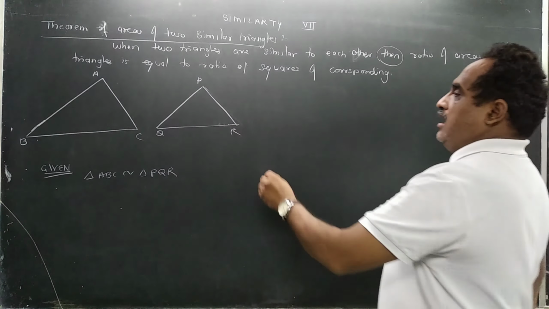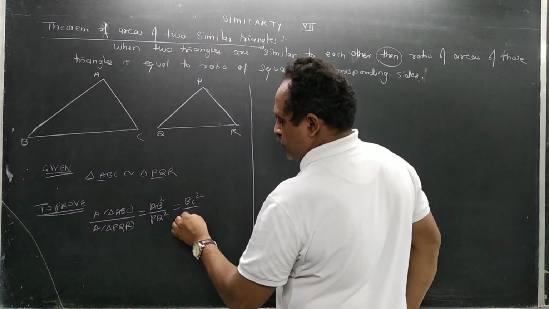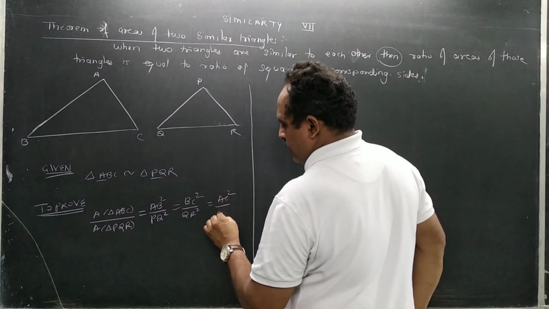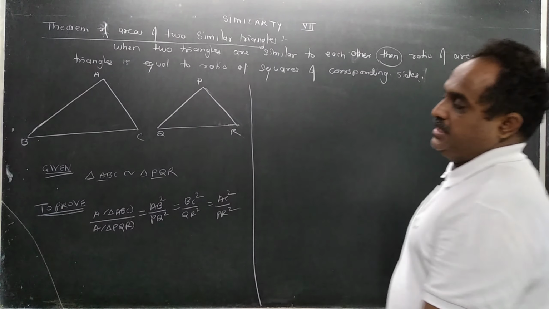Which are the corresponding sides? यहाँ AB और PQ corresponding sides हैं, but ratio of squares means we have to prove AB square upon PQ square is equal to BC square upon QR square, that is AC square upon PR square.